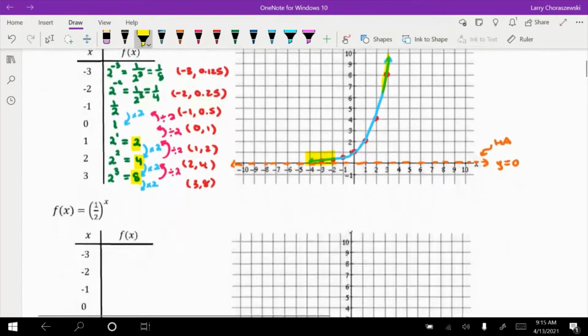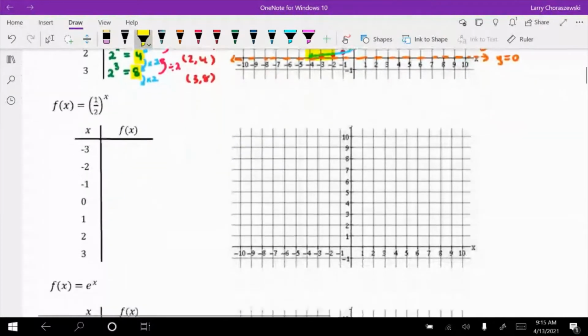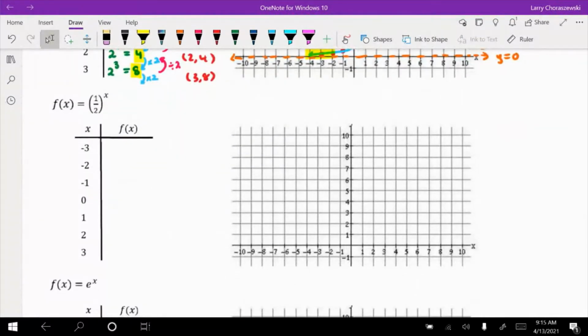Let's move on to another exponential function. You'll notice that what we're raising to the power of x is the reciprocal of 2. In other words, we have 1/2. And we'll see that based on this value, it's going to change the direction of the ends.